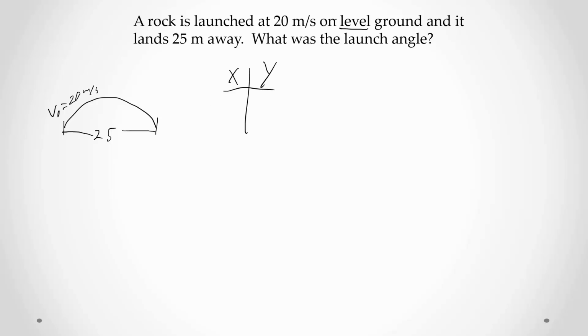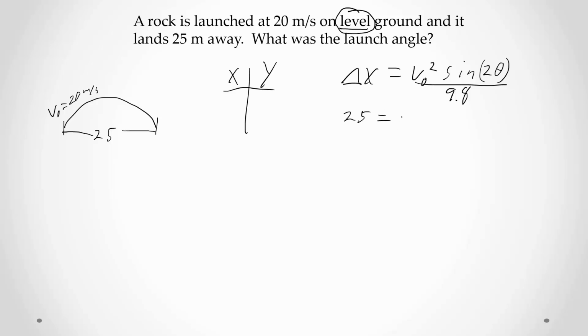But since we saw this keyword here, level ground, this way is going to be longer and it's going to be more work. So we can jump to the level range equation, which looked like this, sine 2 theta all over g, 9.8. Okay, and we want to solve this for theta. We have everything else we need, so we can plug in 25 for delta x.